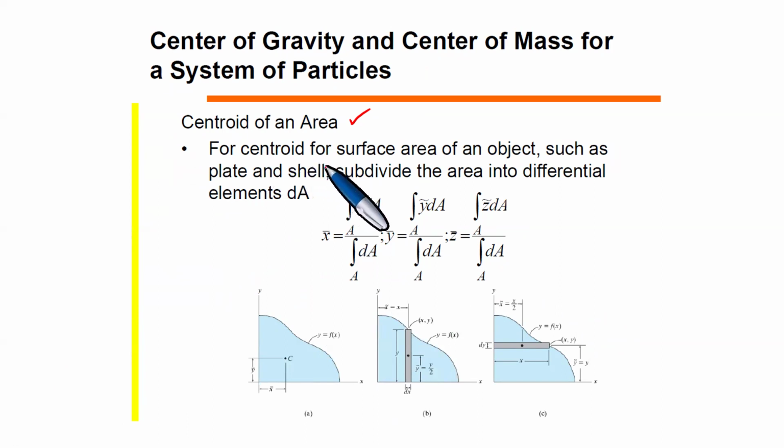For the centroid of the surface area of an object such as a plate or shell, subdivide the area into differential elements, dA. Subdivide the area into what?